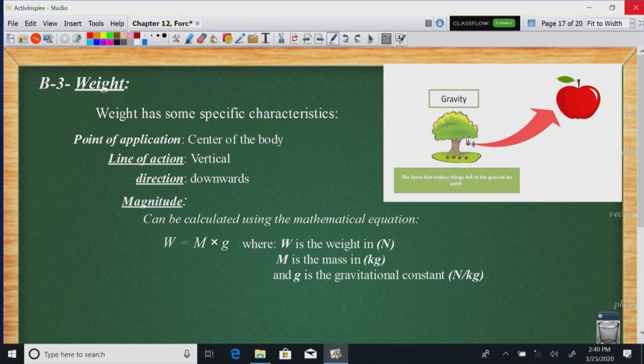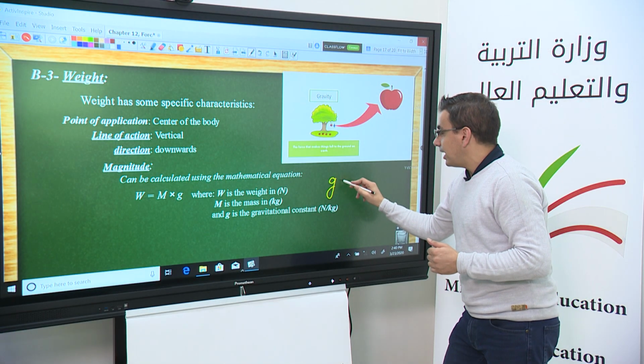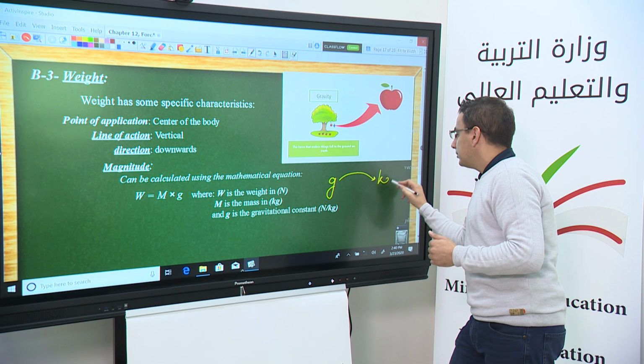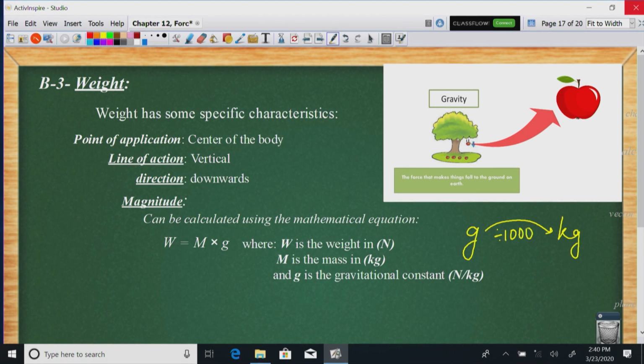Mass is expressed in kilograms, g is the gravitational constant for a planet, and it is in Newton per kilogram. Together, kilogram times Newton per kilogram, weight will be expressed in newtons. So this is a rule I must memorize, and the most important thing is to note that mass should be in kilograms. If sometimes mass is given in grams, we all remember, grams to kilograms, we divide by 1000. Okay? You can of course write it in whichever mathematical way is easier for you.